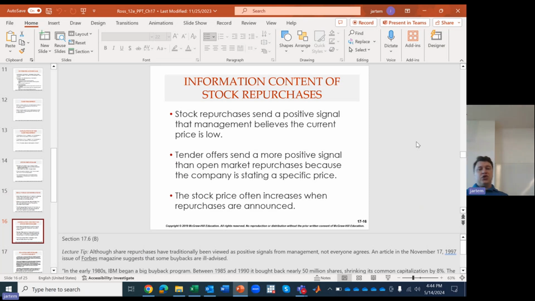So tender offers send a more positive signal, because the company is stating a specific price, which again is usually higher than the price being offered by the market. If it was lower, then nobody would ever opt into the offer. But they give you a higher price. So an announcement of a stock repurchase increases prices.